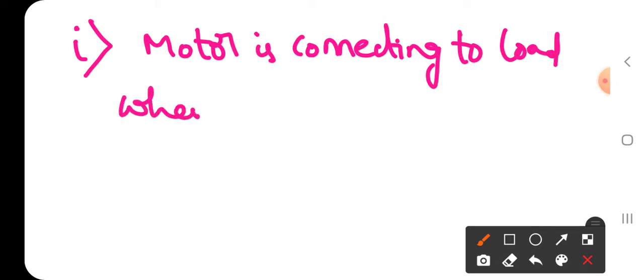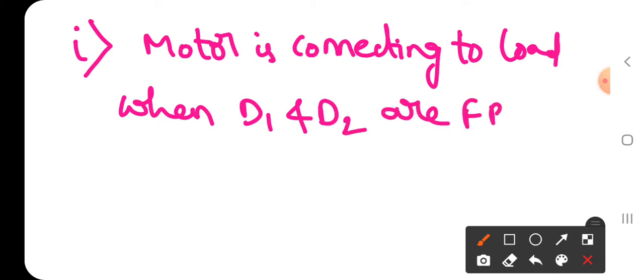when D1 and D2 are forward biased. This is the only condition in which it is possible to have a negative output voltage.